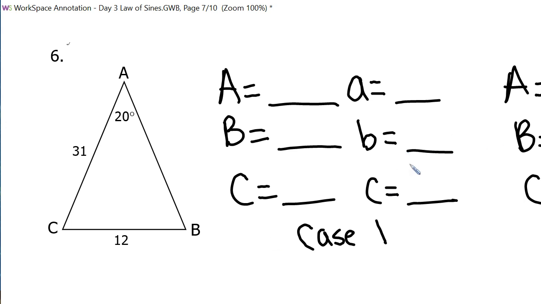Once you have your 2 cases written out, fill in the given information for both cases. Angle A is 20 degrees. Side A is 12. Side B is 31.